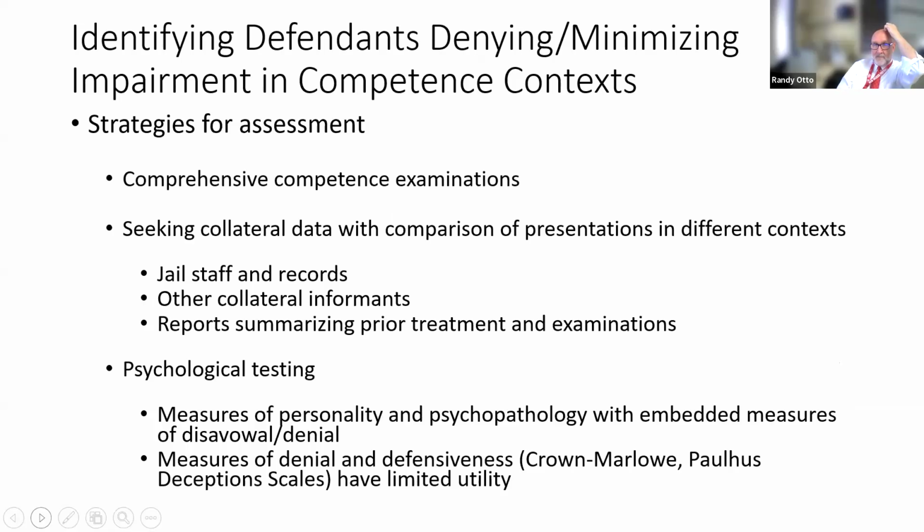When it comes to defendants minimizing or denying impairments in the competence context, what are some strategies for assessment so we don't miss these people, right? So we actually get to the level of impairment that they're experiencing. Well, it sort of goes without saying, but I think a comprehensive examination where the examiner engages in due diligence.